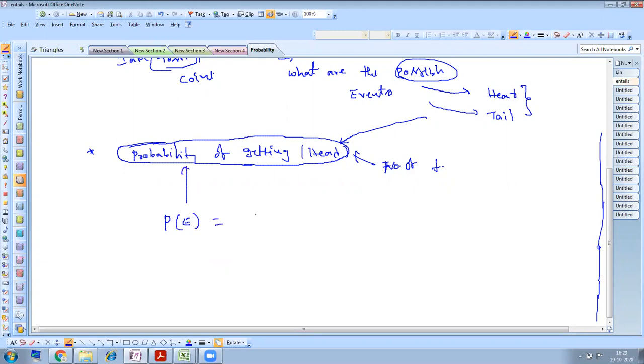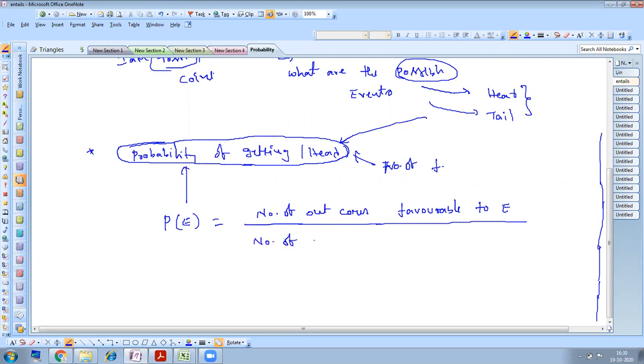The probability will be equal to the number of outcomes favorable to the event, whatever event the question is asking, divided by the number of all possible outcomes.